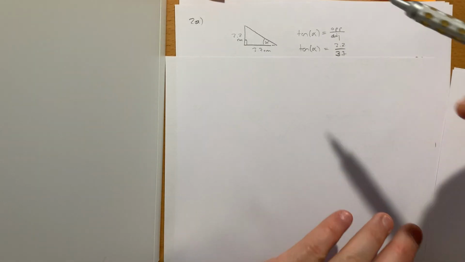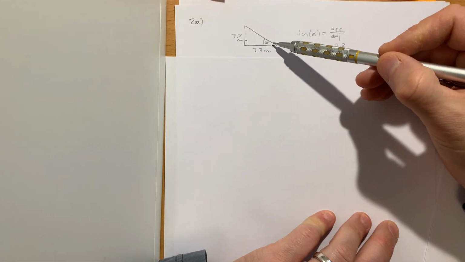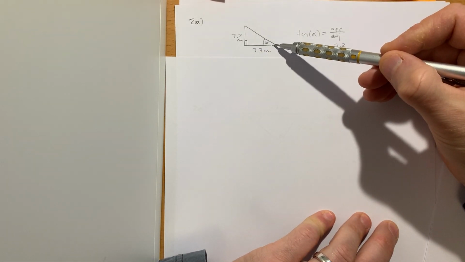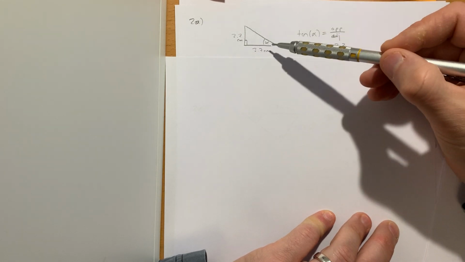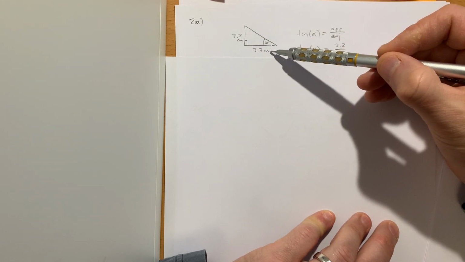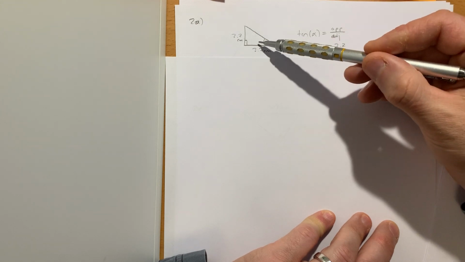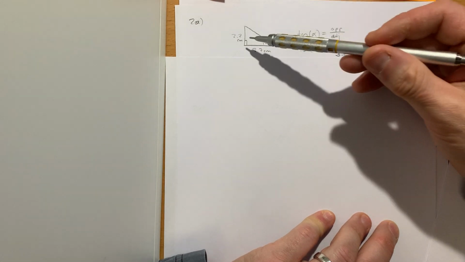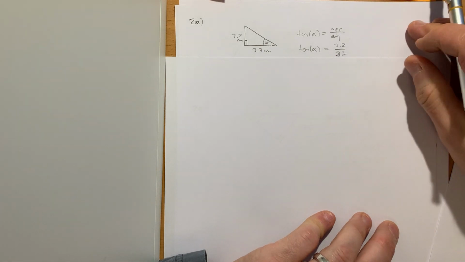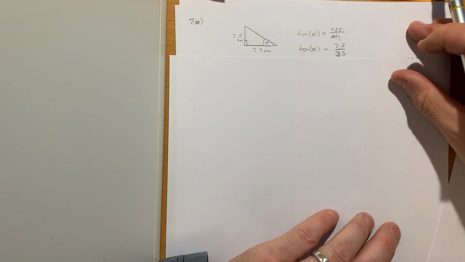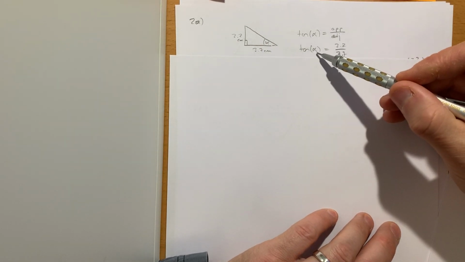Let's plug in the numbers. The opposite side with respect to this angle is 3.2 and the adjacent is 3.7. Opposite over adjacent. So now we need to work out alpha.